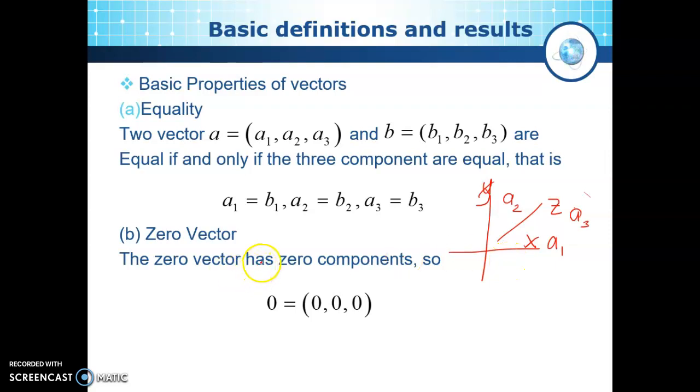That is, A1 equals B1, A2 equals B2, A3 equals B3. So we can say that two vectors are equal. This is what we call the zero vector. It means zero has zero components, A1 is 0, A2 is 0, A3 is 0.